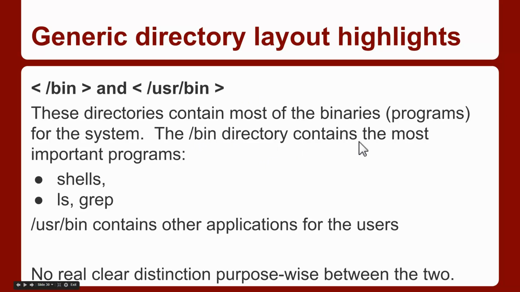And the /bin directory contains the most important programs typically for systems, such as the user shells, file system tools like ls, regular expression tools like grep. /usr/bin contains other applications that aren't so common for users, but there's no real clear distinction between the two, and nothing prevents you from putting your applications wherever you want, and that is really at the heart of Linux and similar systems, that they are fully configurable. You can do whatever you want with them.